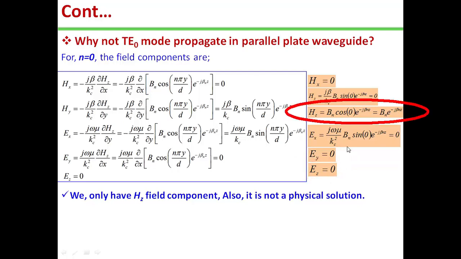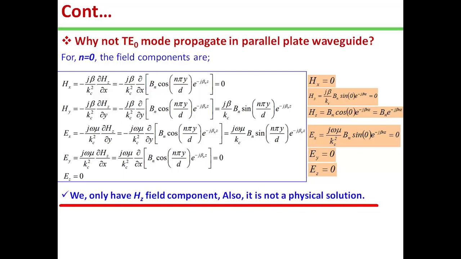That means we only have one component, that is Hz, and all remaining components are 0. Therefore, it is not a physical solution to provide a wave propagation condition inside the parallel plate waveguide. Therefore, the TE0 mode will not propagate inside the parallel plate waveguide.